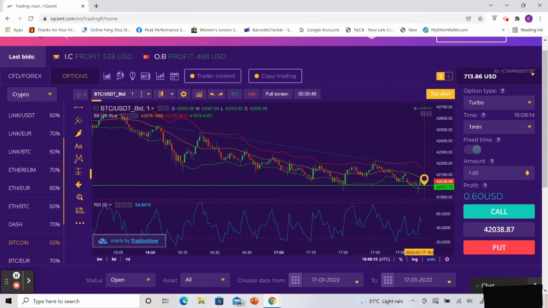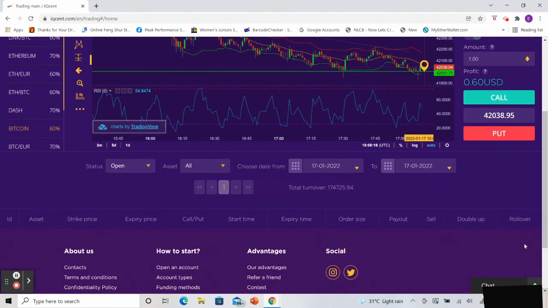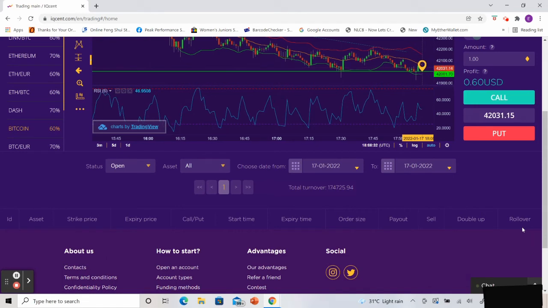In terms of the pros with this particular broker, you have the rollover button. So in the event that, like I did 60 seconds and it's not going in my direction just yet, I can roll over. When you roll over, you have 30% added on to your principal, right? Your investment amount. So in this case, I invested $1.